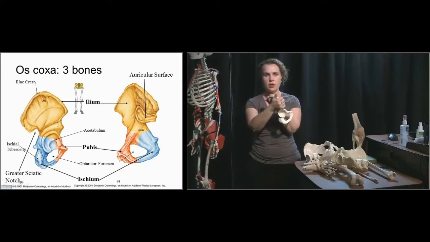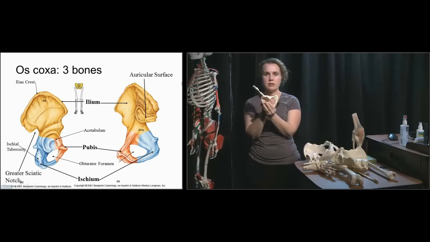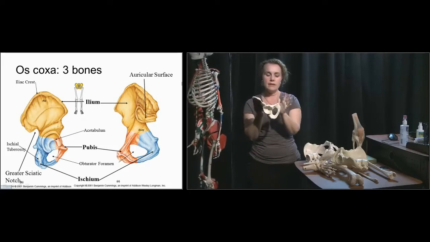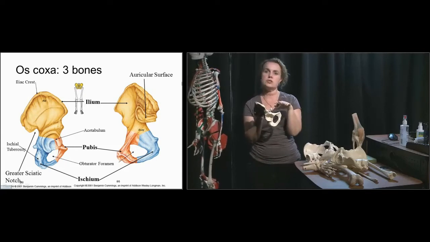So this top part where I've got this blade is called the ilium. The bottom part right here where my hand is touching is the ischium. And right there where my hand is covering, that is the pubis. Okay? And then they each have different features on them that are related to either articulations or muscle attachments or the movement of other things.